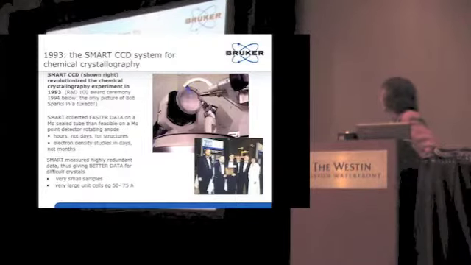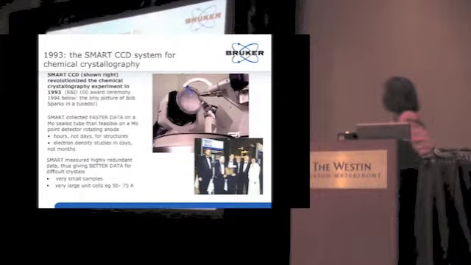for difficult samples. What we had not realized was that by measuring highly redundant data, we were getting more signal to noise for each reflection. So we got better data for very small samples and for very large unit cells. So I think this was a fortuitous case. We designed something that ended up being better than we thought it was going to be.